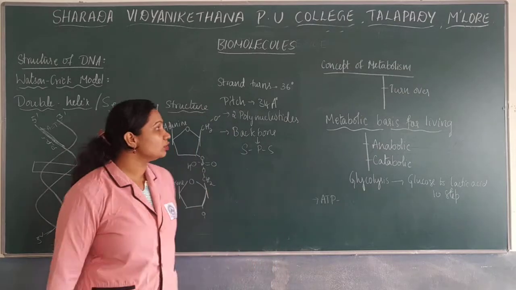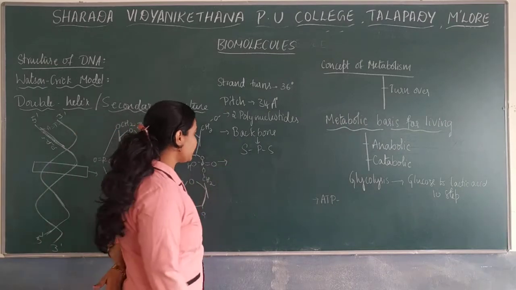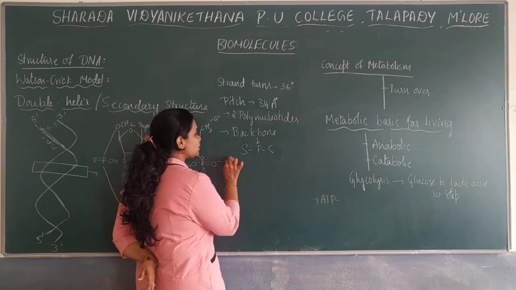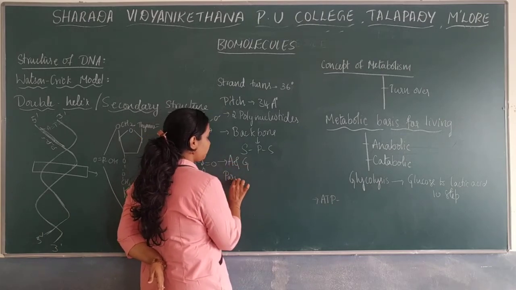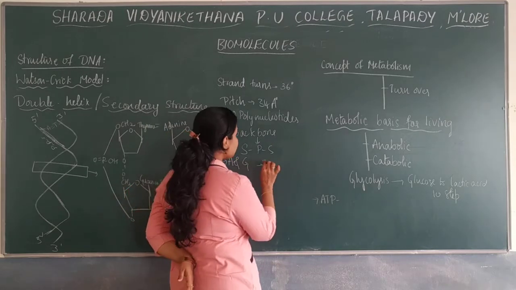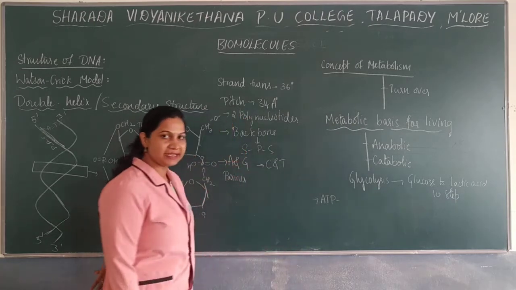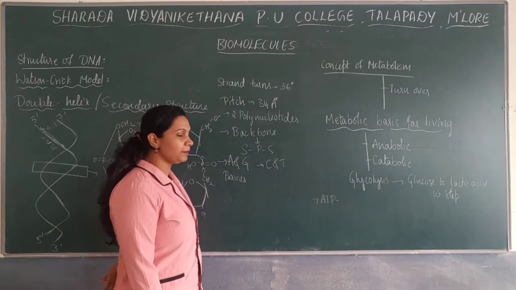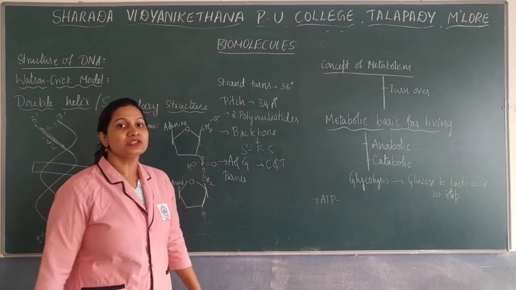As we all know, DNA mainly consists of 4 nitrogen bases: 2 purines, adenine and guanine, as well as 2 pyrimidines, cytosine and thymine.